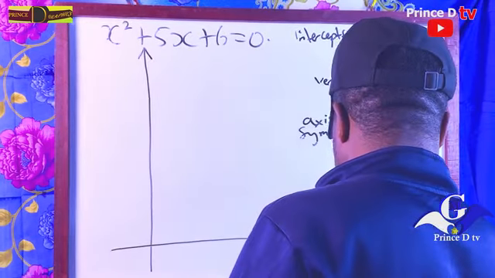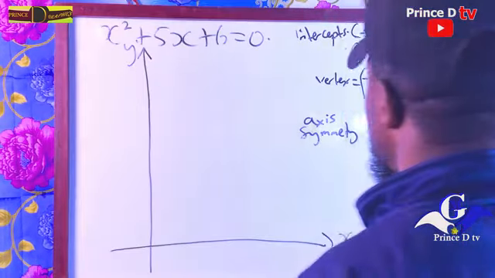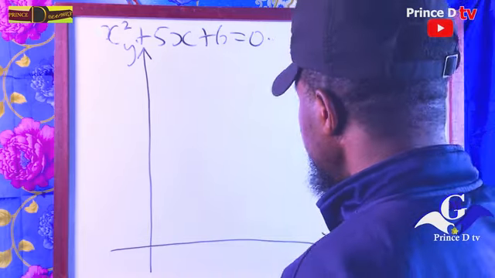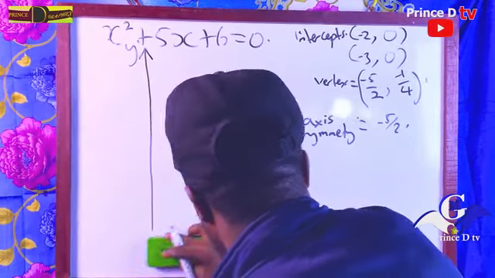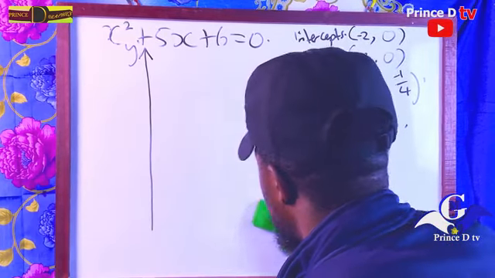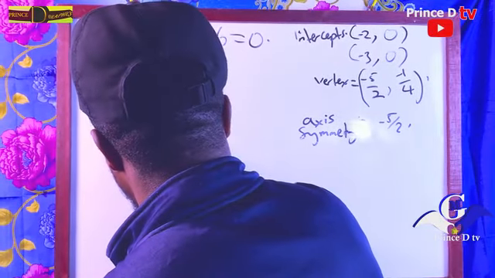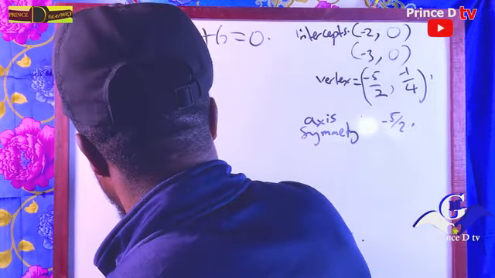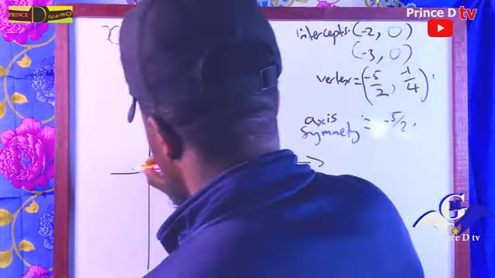This is our x axis, and this is our y axis. We have some negative values, so my graph should be going down.